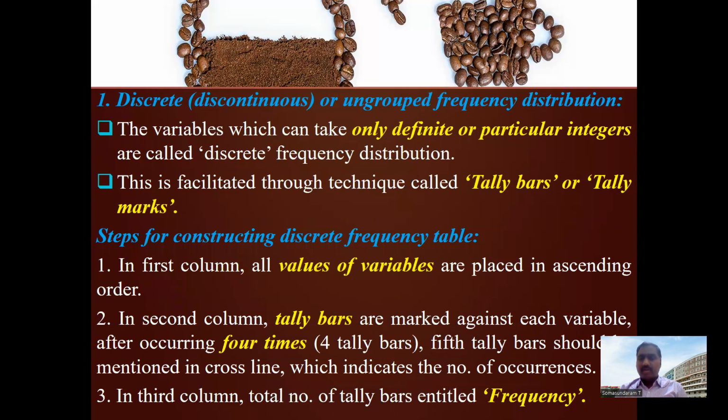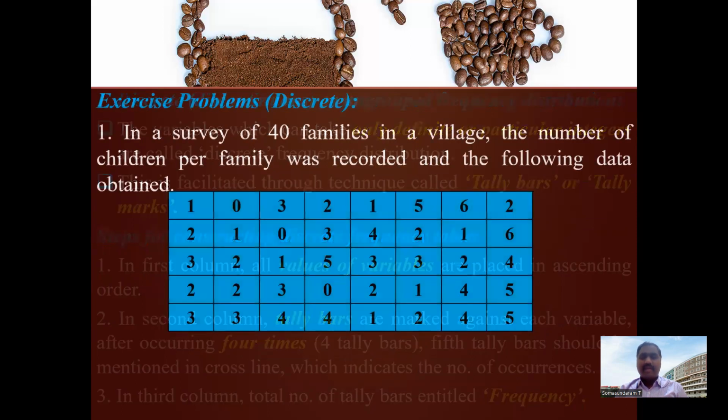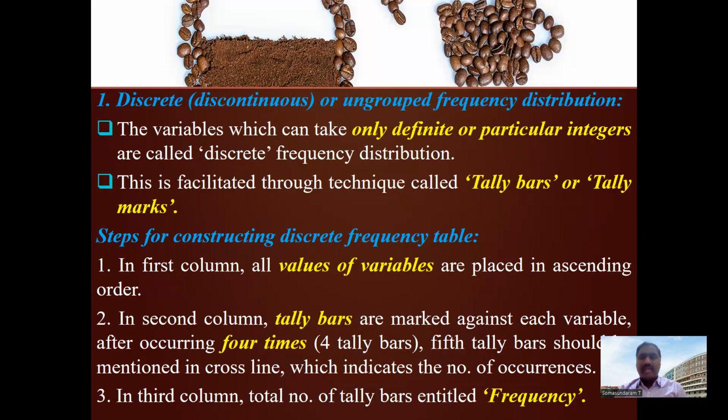When you are calculating the frequencies for a given data set, the procedure is you have to count the numbers and put the tally bar. The number of tally bars you put talks about the number of times the particular number occurs. This is a basic calculation you already learned in school.